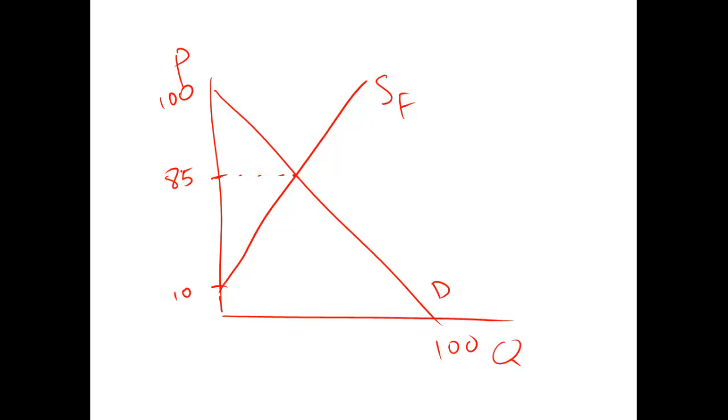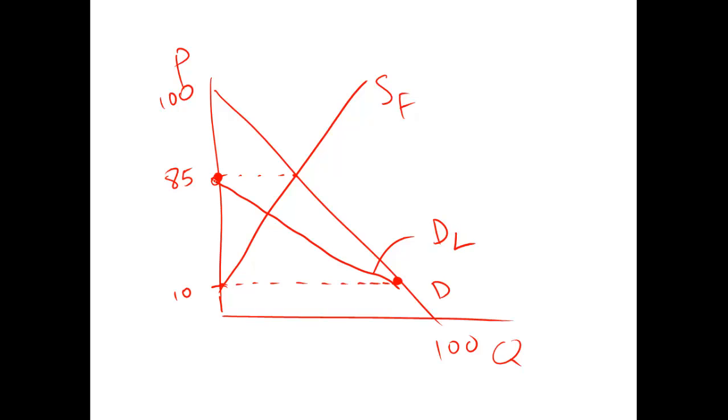Not quite drawn to scale. So what we're saying is at 85, followers supply everything, leaders have nothing as their demand. Whereas when the price falls to 10, followers supply nothing, and the leaders have the entire market demand as their demand. So the leader demand curve connects these two dots, and it's supposed to be a straight line, and if I were better at drawing it would be, but there's DL.